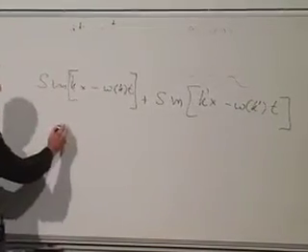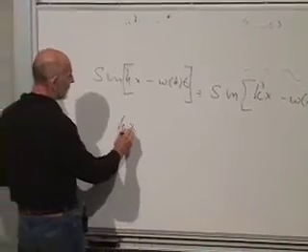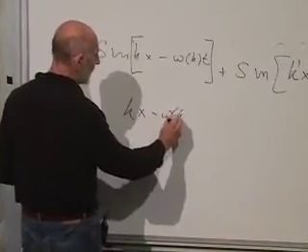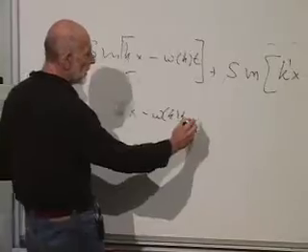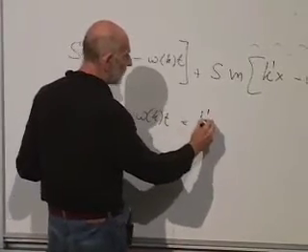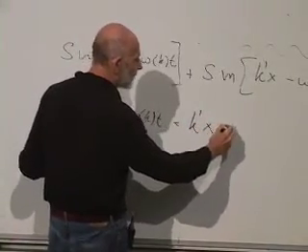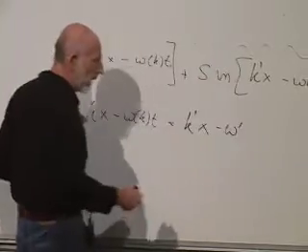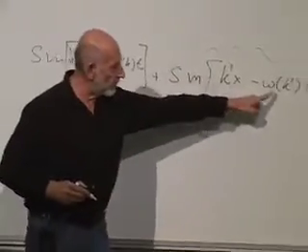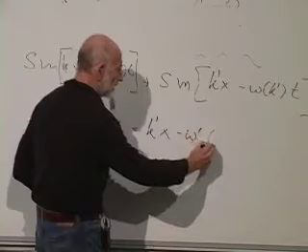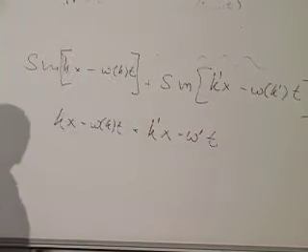That's at the place where kx minus omega of k t is equal to k prime x minus omega prime t. Omega prime means omega of k prime. Okay.